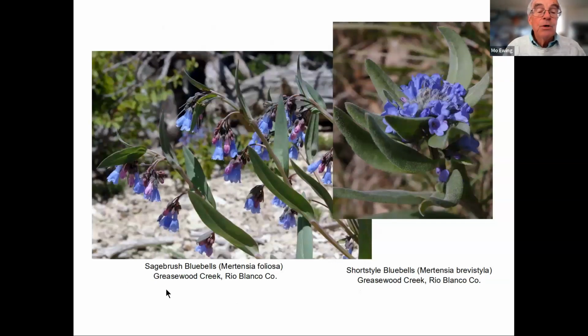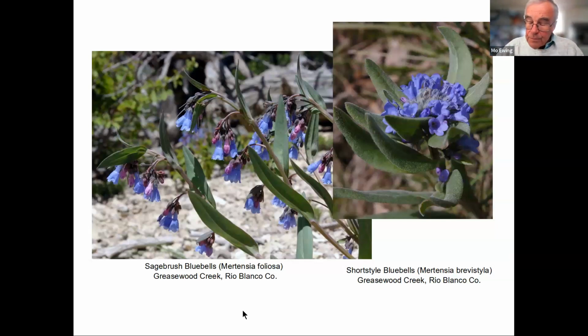Hydrophyllum, sagebrush, bluebells, Mertensia foliosa. This is one of them. In the Weber and Whitman key, and the Ackerfield first edition key, Mertensia had 9 species, and it was pretty easy to separate them out.